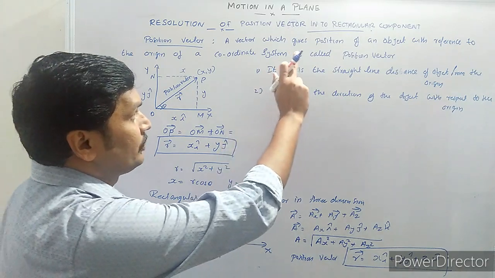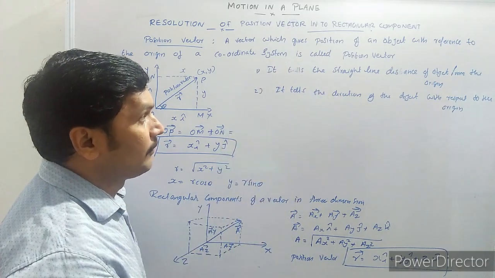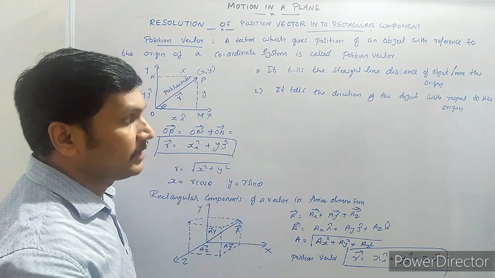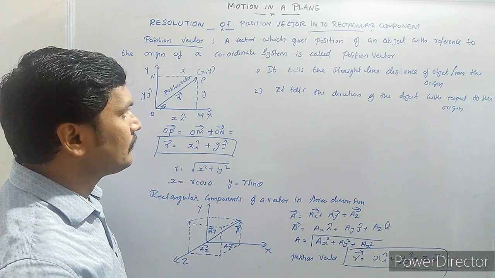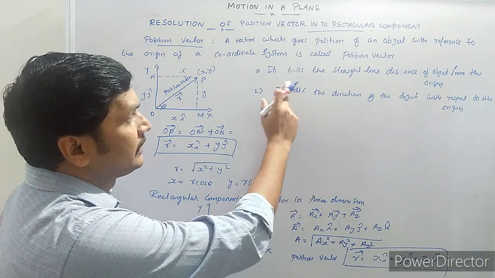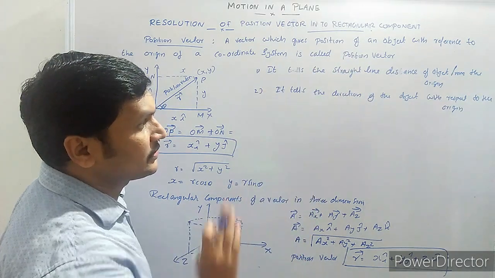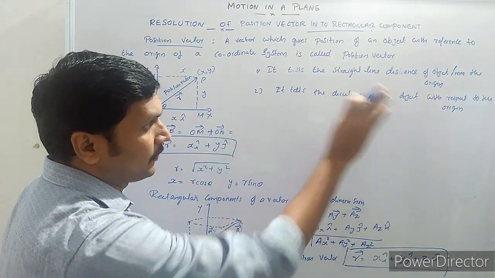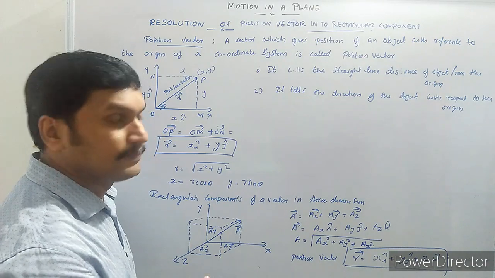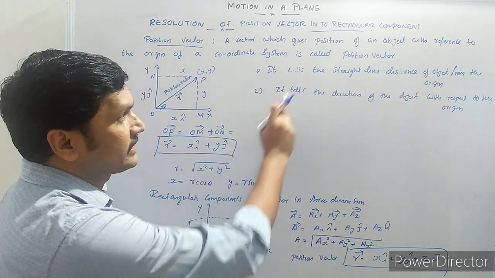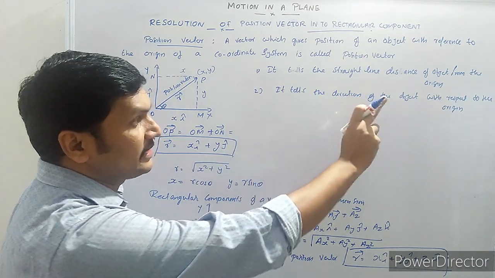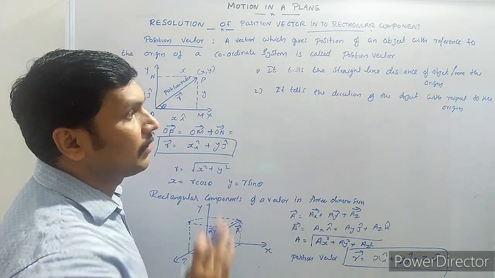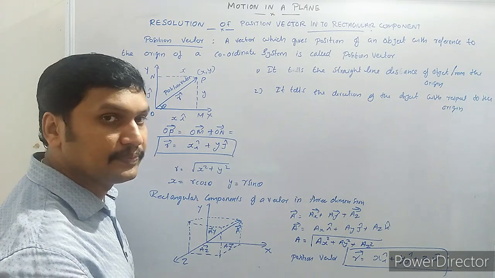A position vector tells the straight line distance of the object from the origin, and it tells the direction of the object with respect to the origin.